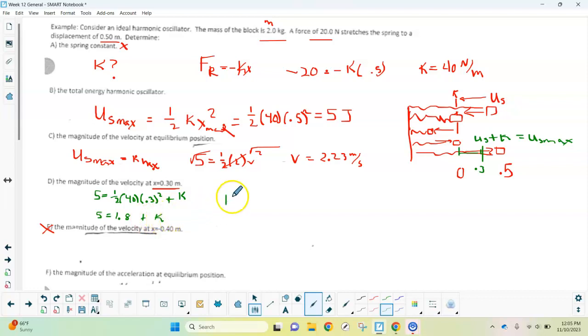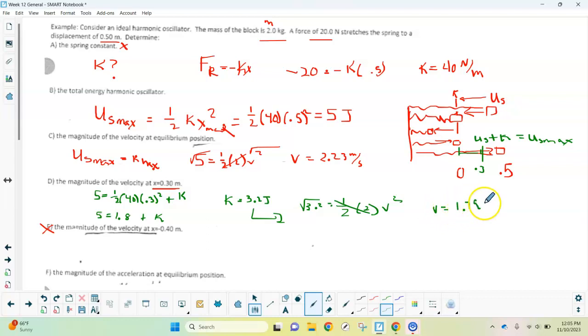If you solve for the kinetic energy, 3.2 joules is kinetic. Then you can use your 1/2 mv squared equation. So 3.2, which is the kinetic energy, equals 1/2 the mass, which is 2, and then the velocity squared. The 1/2 and 2 cancel. You take a square root of 3.2, and you should get v is equal to 1.79 meters per second.